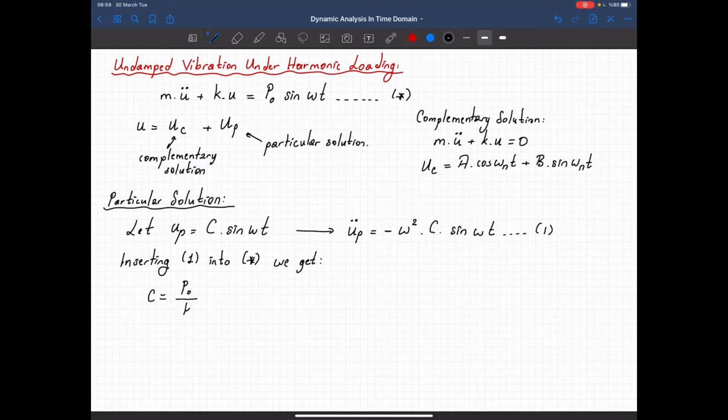This is the static deformation, multiplied by 1 divided by 1 minus omega over omega n squared. So what we observe here is when omega equals omega n, this denominator becomes equal to 0 and the displacement goes to infinity. We call this case the resonance case.